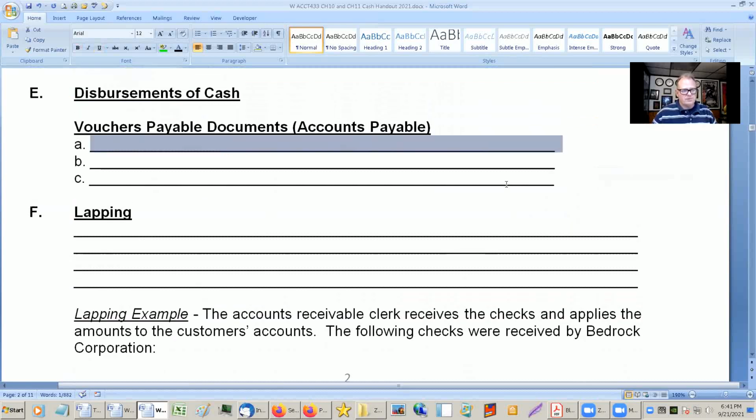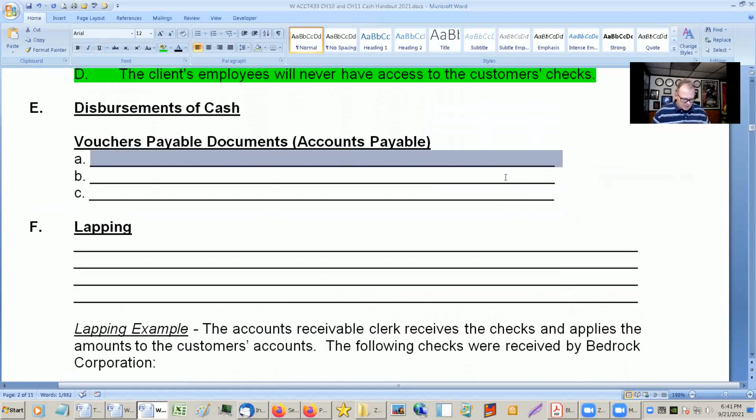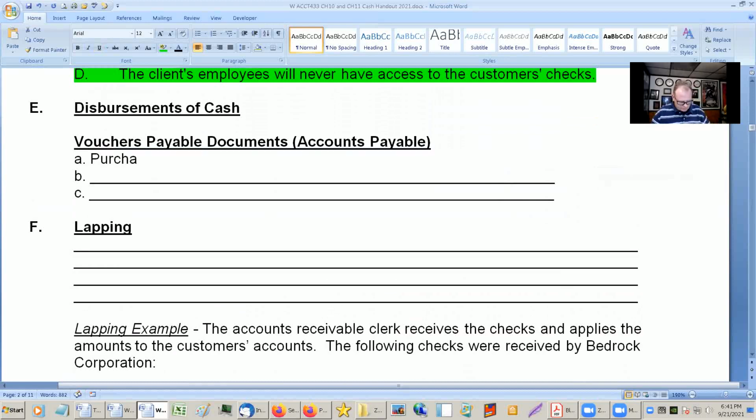We match up for a company whenever a company buys something, they have to have a purchase order. So the company says, we need these pencils. They make a purchase order for the pencils. And this purchase order is sent to an approved vendor.